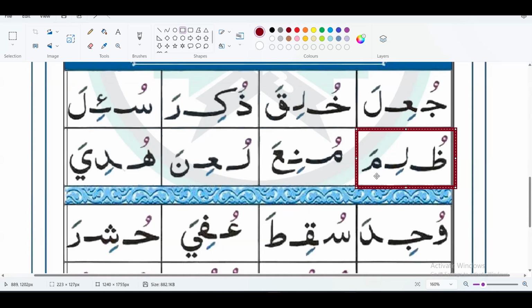No, fa always has a dot. No, no, I meant to say wow. Sorry. It's not wow. Okay, so it's not wow. Zulima.